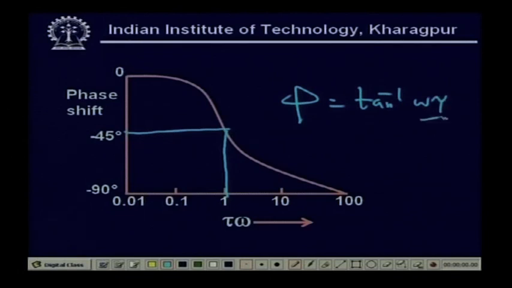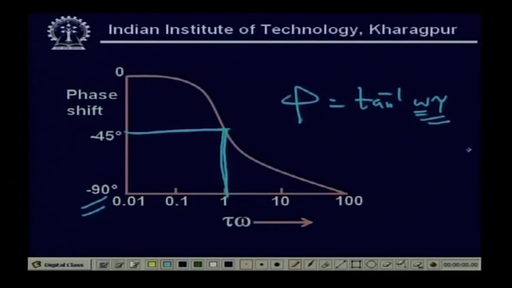So, if omega tau equal to 1, phase shift will be obviously 45 degree. At very low frequency it is 0 phase shift. As omega is getting higher and higher with tau constant, if it is infinite, obviously I will get a 90 degree phase shift, right.